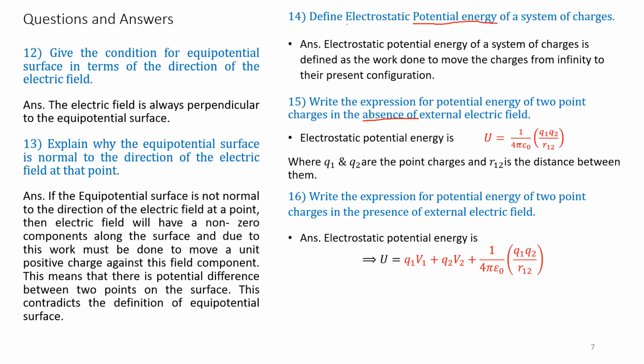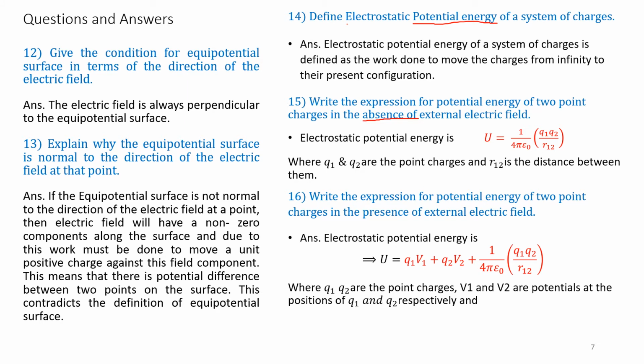The terms Q1 V1 and Q2 V2 are additions due to an external electric field, where Q1 and Q2 are point charges, and V1 and V2 are potentials at the positions of Q1 and Q2 respectively. Please note down.